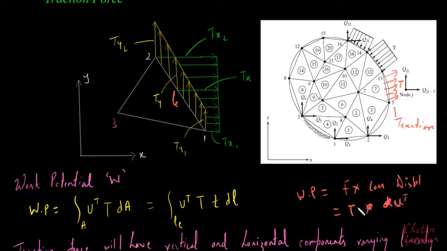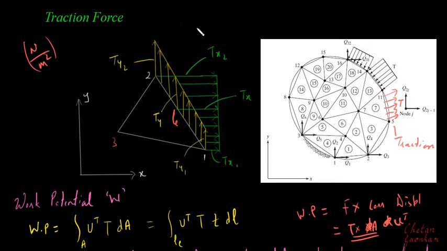Now again, this surface force or traction force is given as the force per unit area, if you remember. Because of that, I will have to multiply this traction or surface force with one small area dA. If this is our element, this area will be nothing but this area.